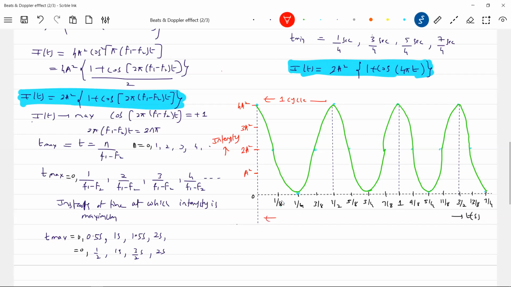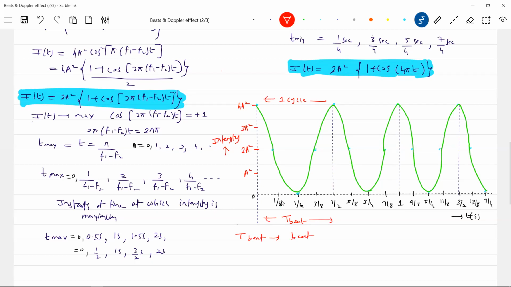The time taken for the intensity variation to complete one cycle, that I'll call the beat period. So what is a beat period? We should define.